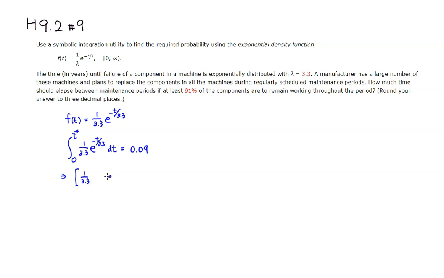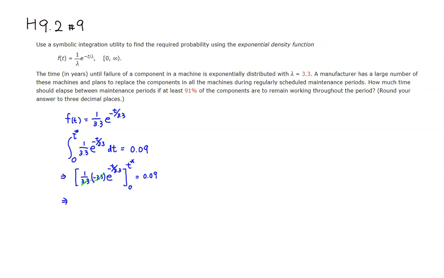The antiderivative is e to the negative t over 3.3 divided by negative 1 over 3.3, which is the same thing as multiplying by negative 3.3, which is nice. So 0 to t star, I should say. Then we can cancel 3.3 on the bottom, 3.3 on top. So this is supposed to be equal to 0.09, and this gives us this equation.